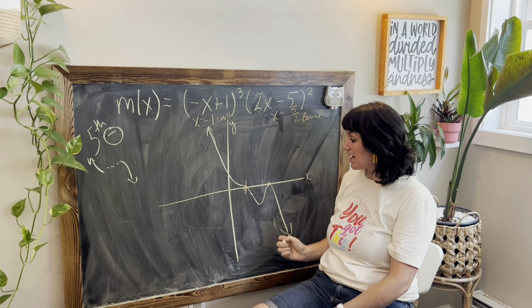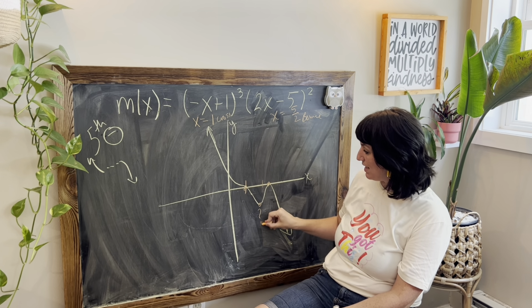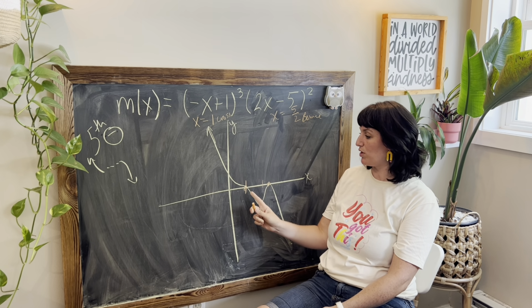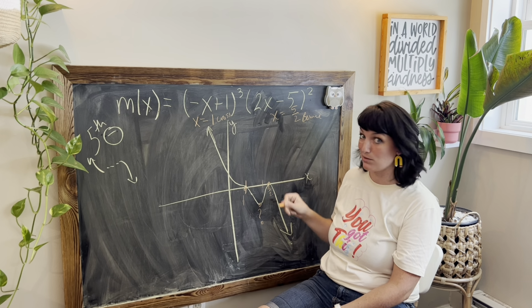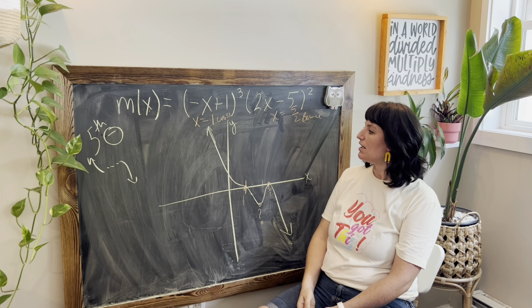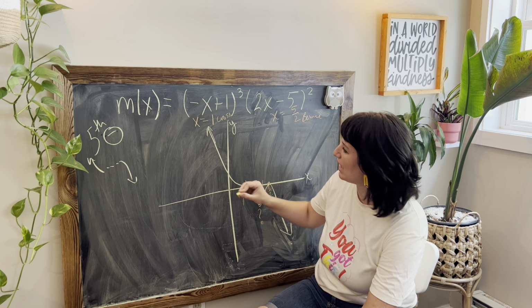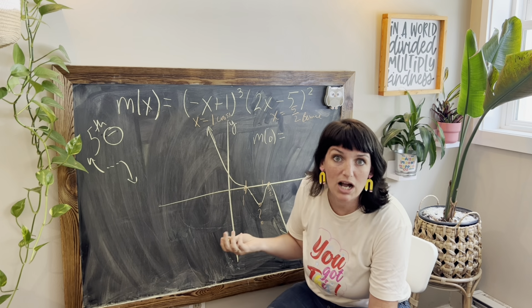So the end behavior is accurate. What's inaccurate? I don't know where this local min is. I know there is a turning point between 1 and 5 halves, but I don't know where it is. And I could get an accurate y-intercept, couldn't I? That would be an important thing to do. You should always just rock a y-intercept.